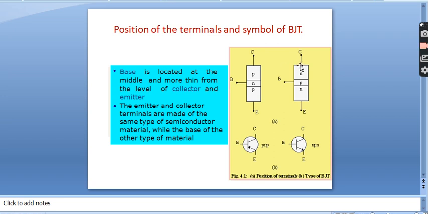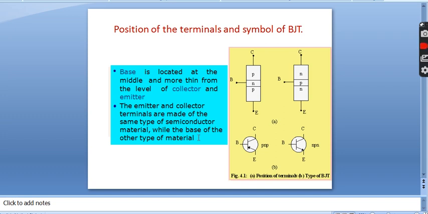Next, the base. Here the base is located in the middle, that means in between the same type of materials, and the thickness of the base is very thin compared to the collector and emitter thickness. The emitter and collector terminals are made up of the same type of semiconductor material, while the base is of the other type.